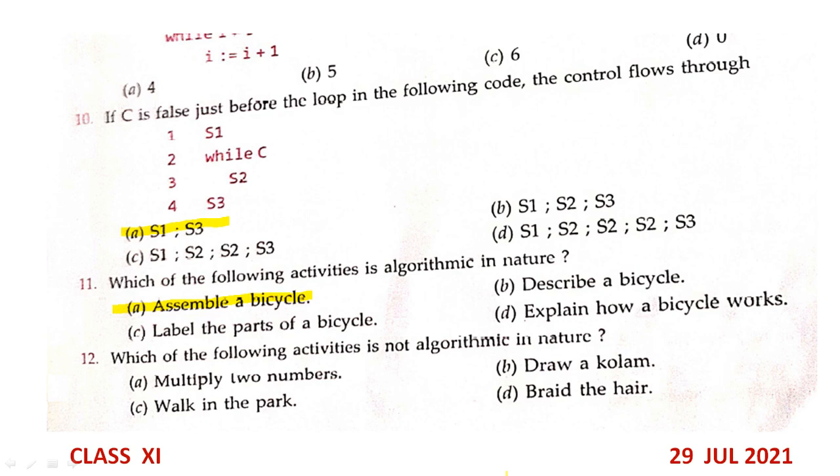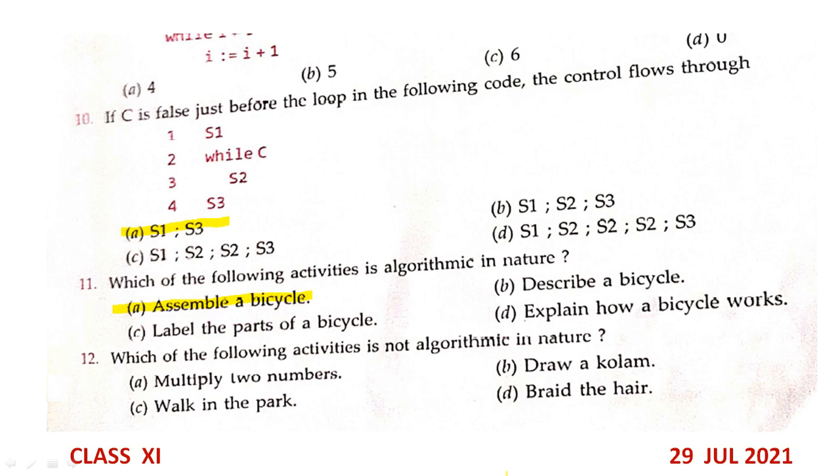Now, which of the following activities is not algorithmic in nature? Multiplying 2 numbers, draw a column, walk in the park, braid the hair. So multiplying 2 numbers is okay, fine.